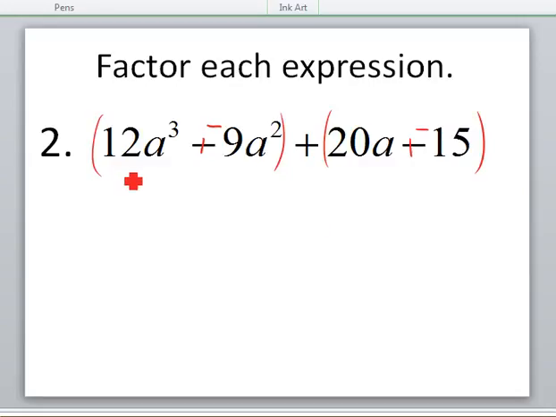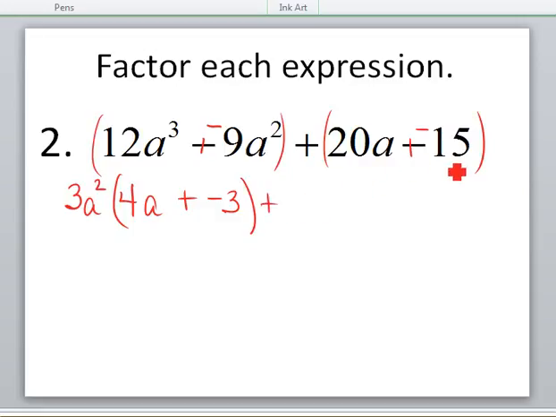So the greatest common factor between 12 and 9 is 3. So I'll pull out a 3, and 3 times 4 gives us the 12. Now they also share a's in common, so I need to pull off the a's. There's two a's in common, so an a squared. So when I distribute, I'd have 4a on the inside plus 3 times negative 3 gives me negative 9, and a squared would be distributed through.